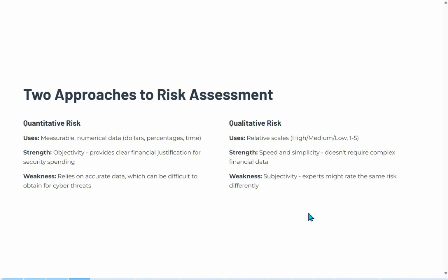This is used with measurable numerical data like the currency, the percentage, and time. The strength of this is it provides clear financial justification for security spending, while the weakness is it relies on accurate data which can be difficult to obtain for cyber threats.